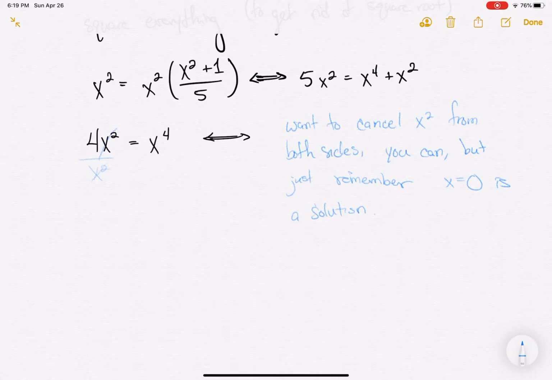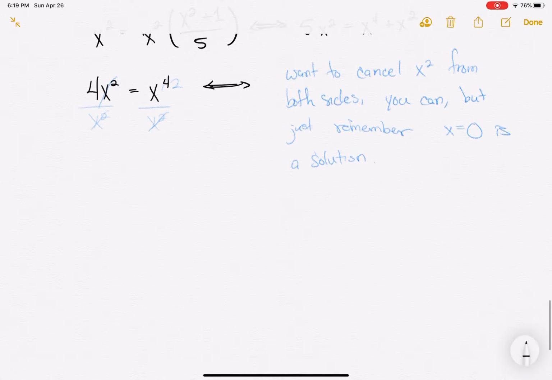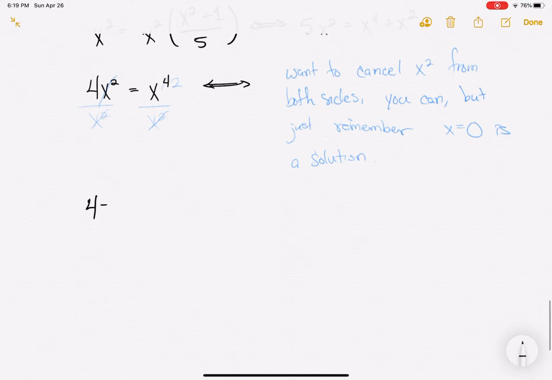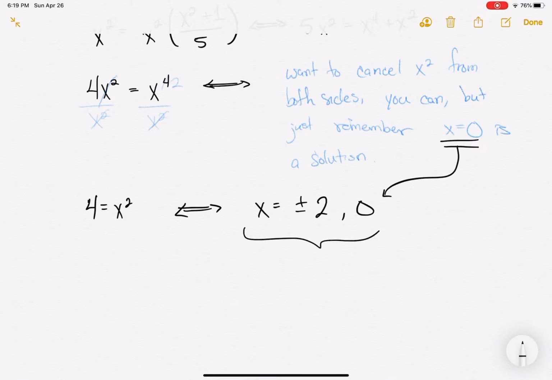So those are gone, and then over here, x squared, that's gone, and that becomes a 2. So this becomes 4 equals x squared, and that one's happening when x equals plus or minus 2. And of course, we have this 0 nonsense there. Okay, so these are your points of intersection. And there are 3 of them.